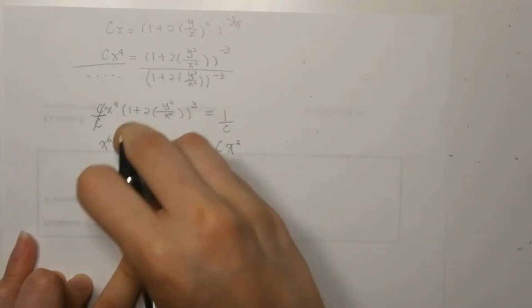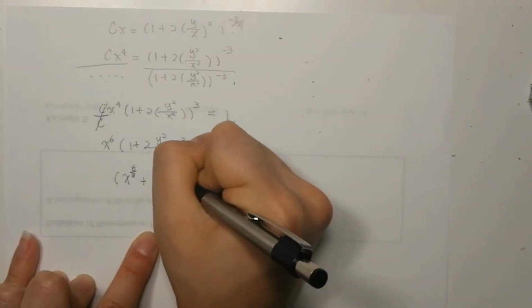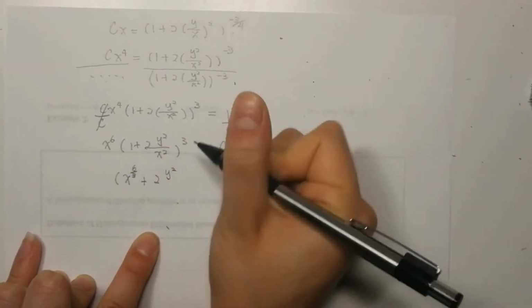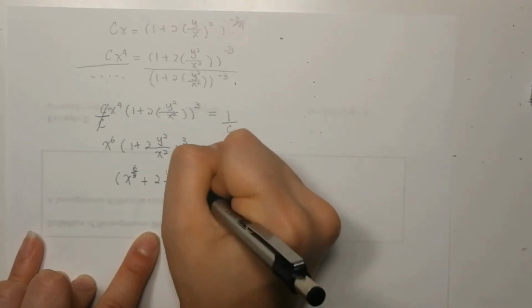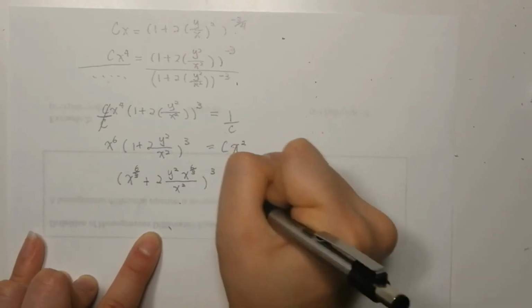I'll write that out actually. Plus 2. Y to the power of 2 is still the same, and x to the power of 2 over 3 is x to the power of 2.